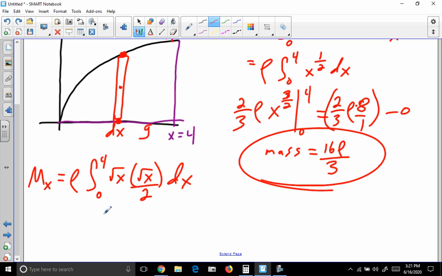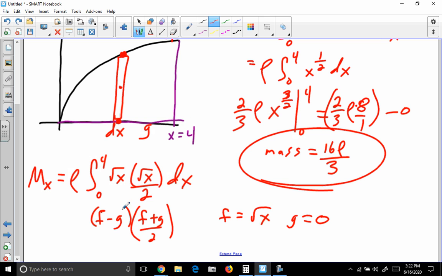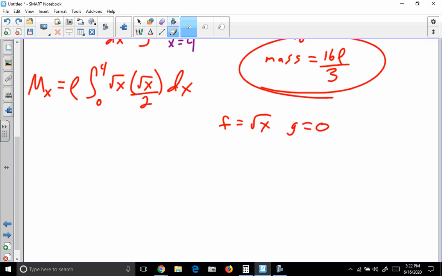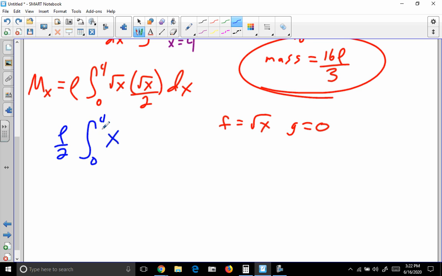Remember the moment from the x-axis, that's f minus g times f plus g over 2. That's what we integrate. In this case, f is the square root of x, g, y equals 0. So this minus that, this plus that. Simplify this. Square root times square root cancel, leaving us an x. 2 is a constant. We can pull that out front. We're integrating that from 0 to 4.